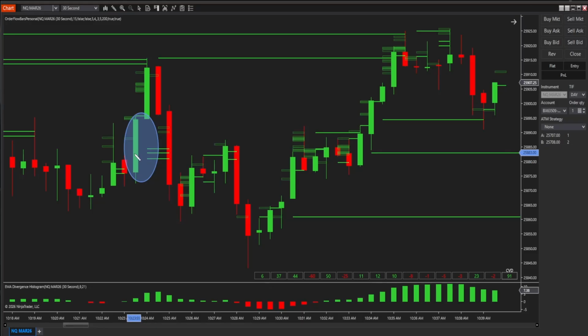So that's 12 levels. So we have a lot of buying stacked and balanced right here. And you can easily get in right here on the break of that. Easily get in. And where is your TP? It's right there at 15 points.